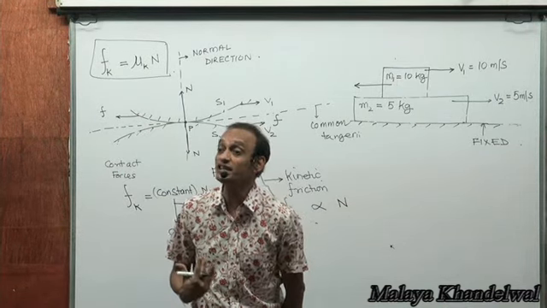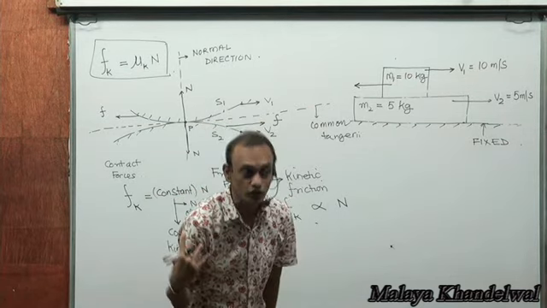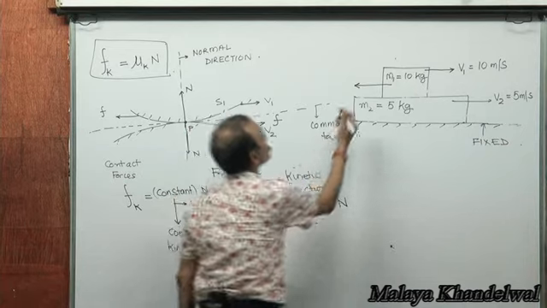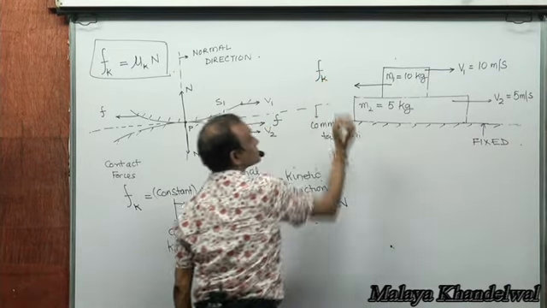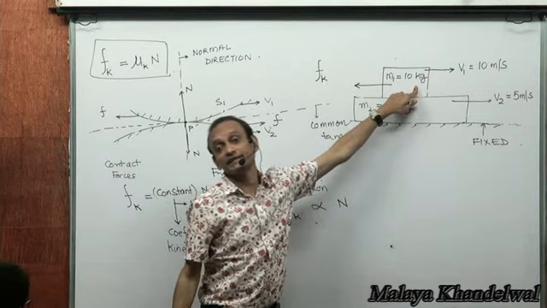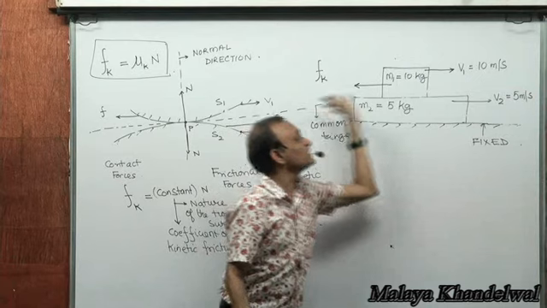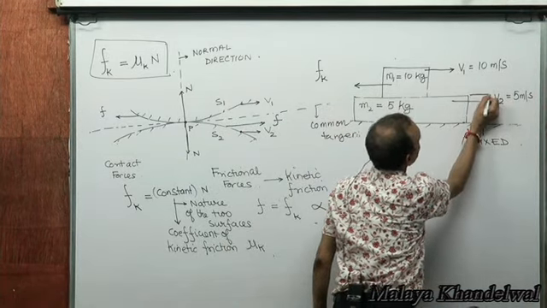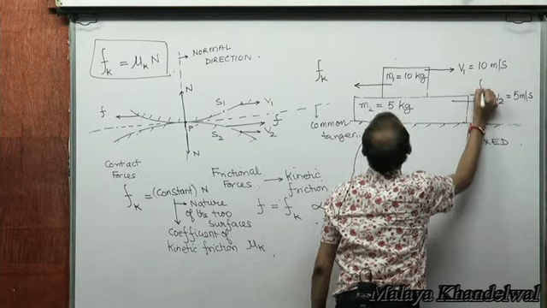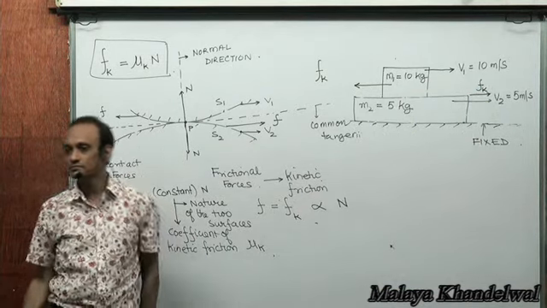Kinetic, because there is actual relative motion between the two surfaces. So this is Fk acting like this. m1 will therefore reciprocate charitably, and will exert on m2 an equal and opposite frictional force in this direction, Fk, like this. Yes or no? This is how it happens.